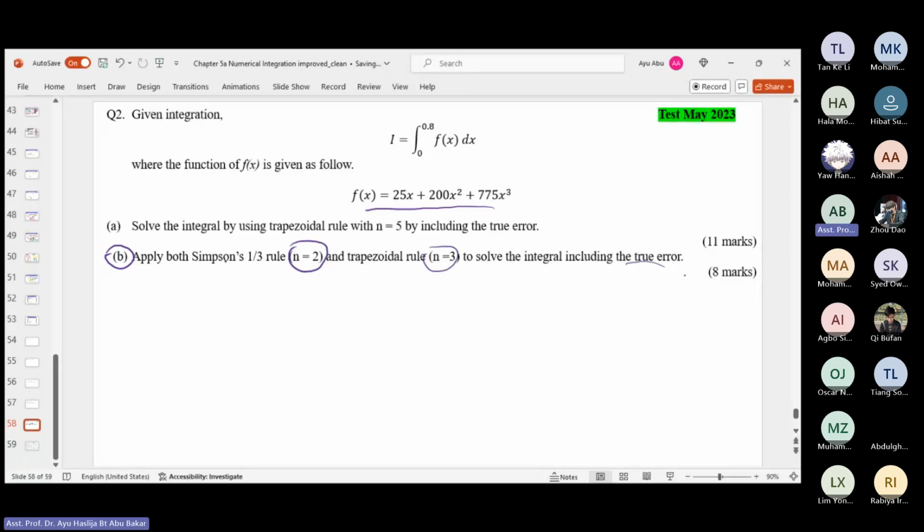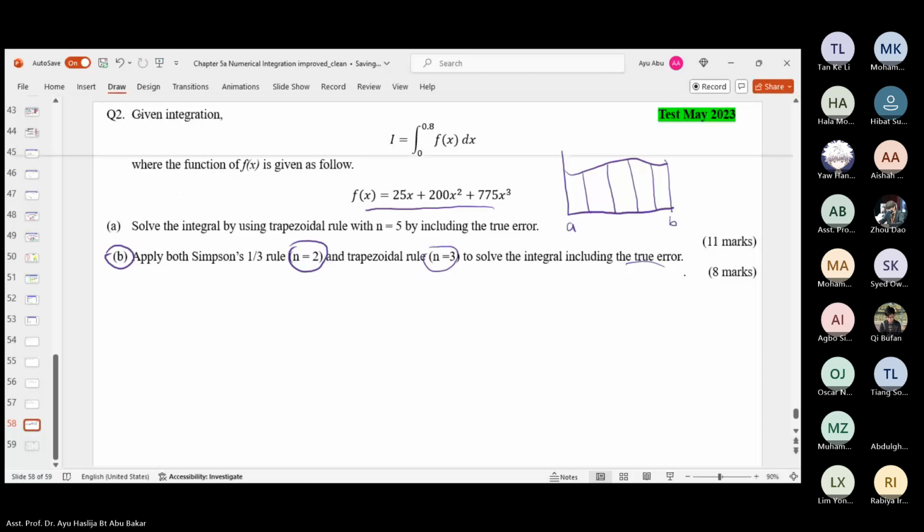Apply Simpson's one-third for n equals to 2 and trapezoid rule for n equals to 3. This question means you have a total of 5 segments. For 2 segments, use 1/3.